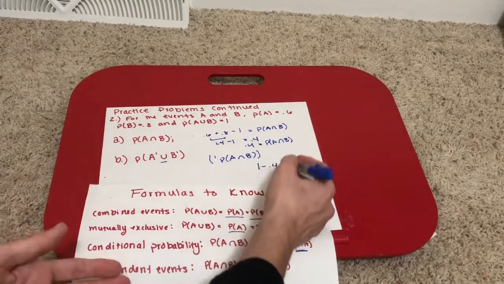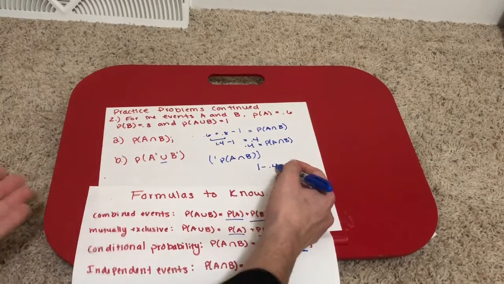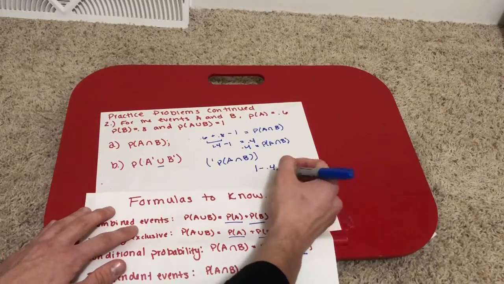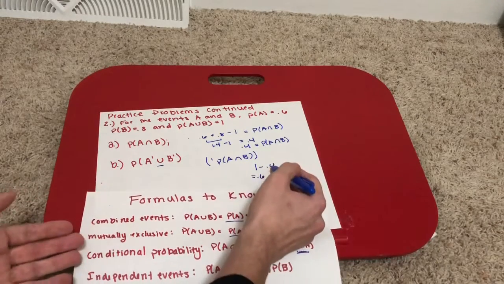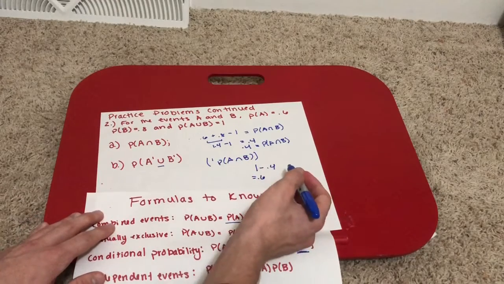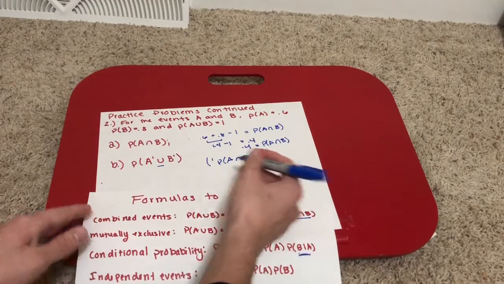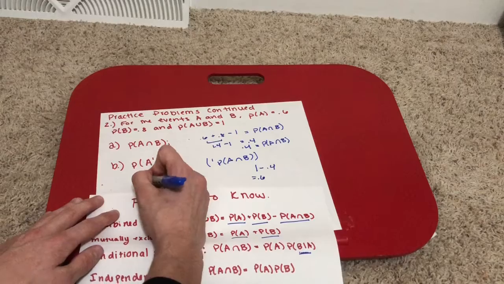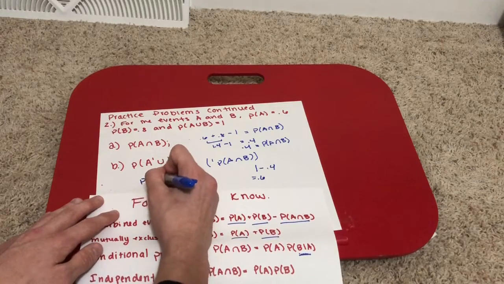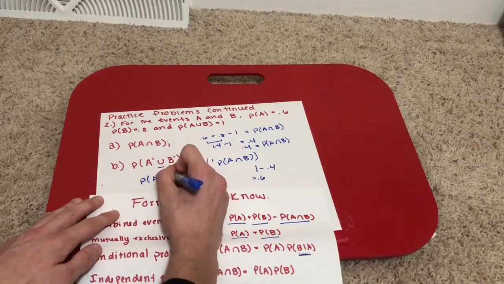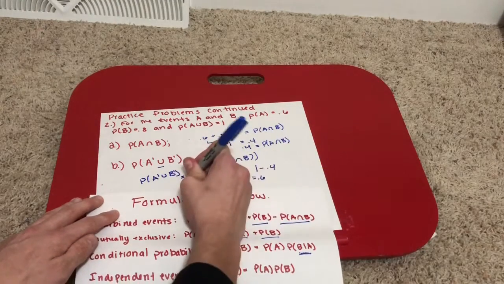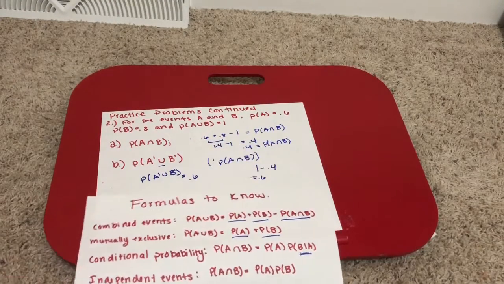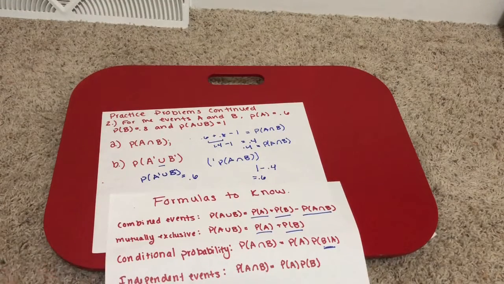What plus that gets you to 1? 1 minus 0.4 equals 0.6, which is basically your inverse of that, which is what we were trying to get to in our problem. So to finally finish it out, it's 0.6. This is how you can use the formulas in a number problem.